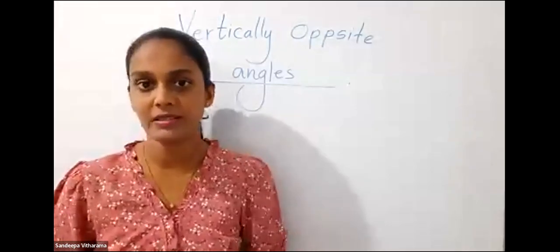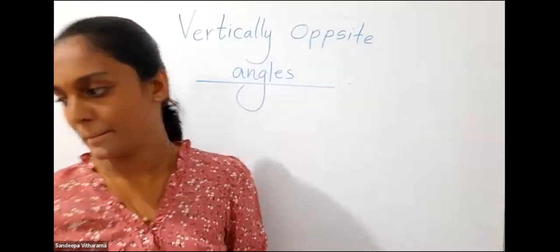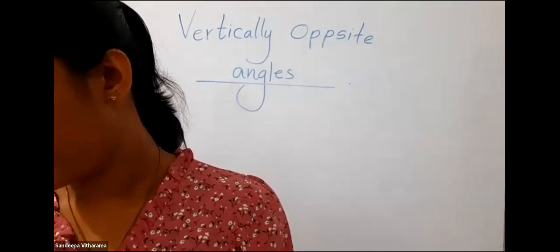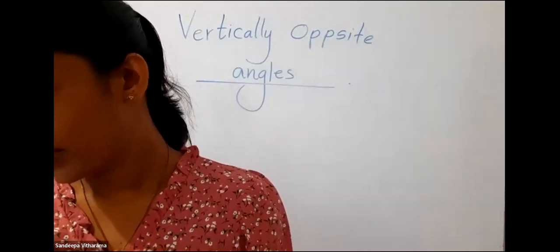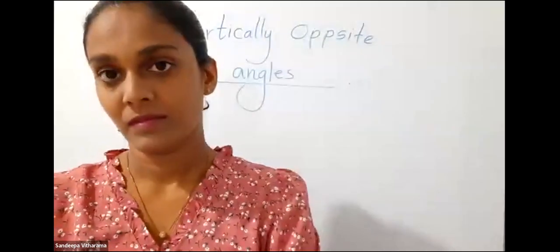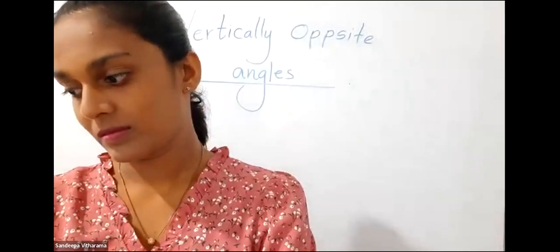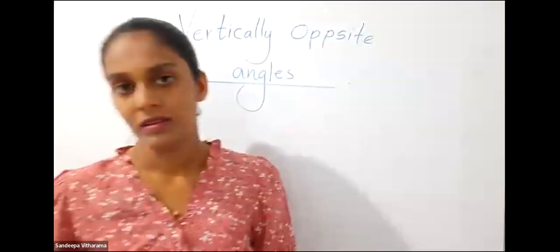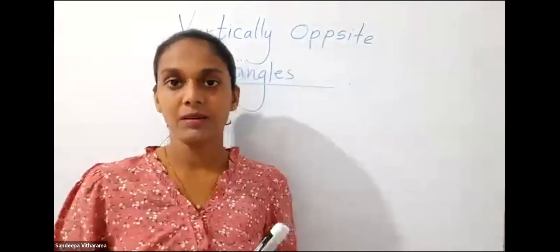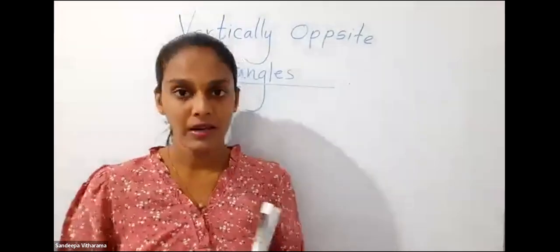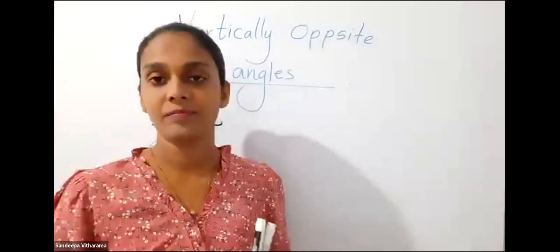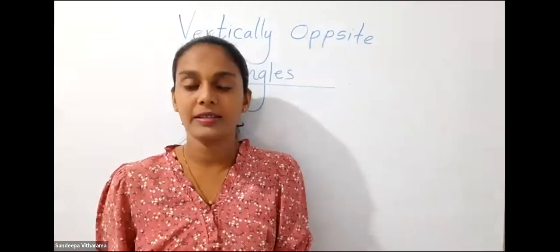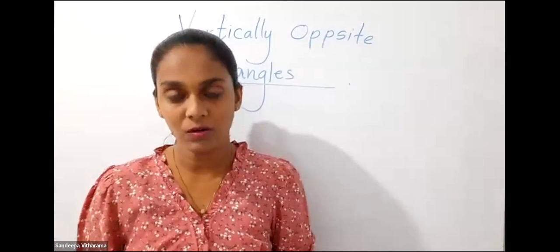What are the three conditions? They should have a common arm, a common vertex, and they should lie on either side of the common arm.